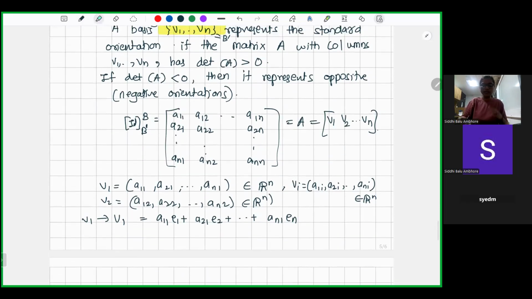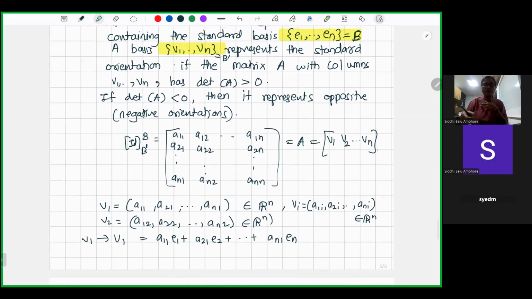So ultimately, this basis change matrix from B dash to B is nothing but this A, the matrix with columns from this B dash, that is, vectors V1 to Vn. That is my basis, and the determinant of A will give me the orientation. I hope you understand what it means when I write this.